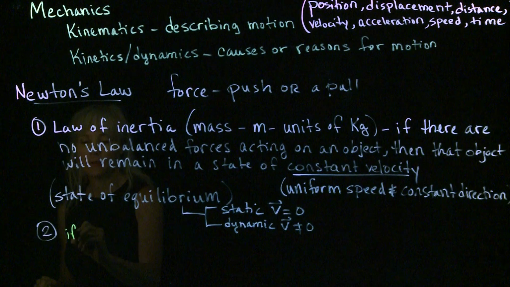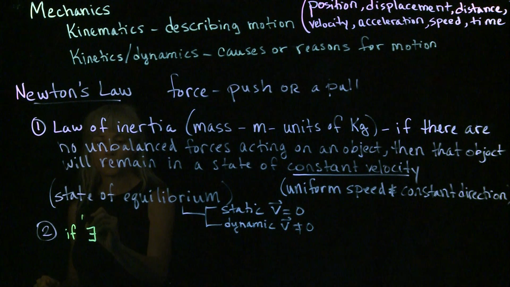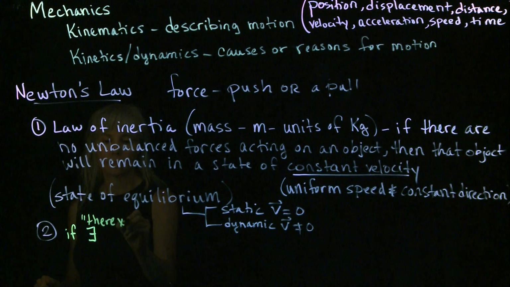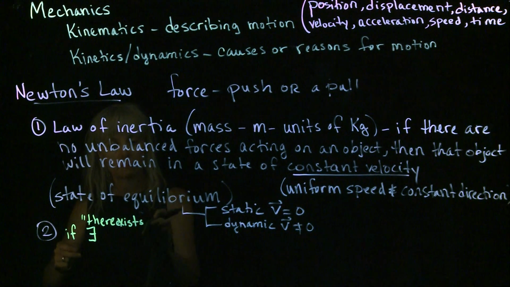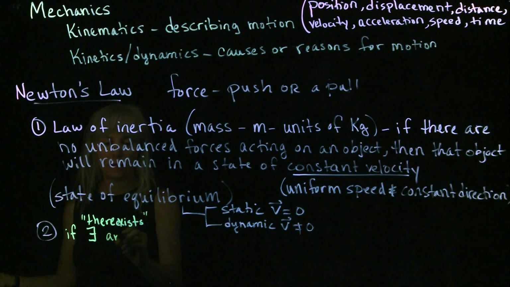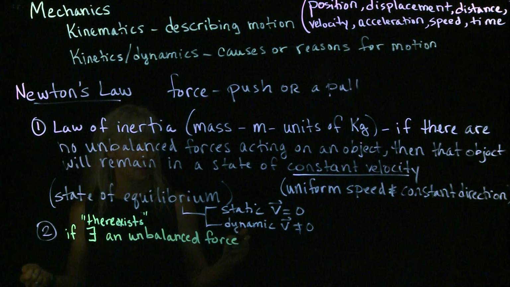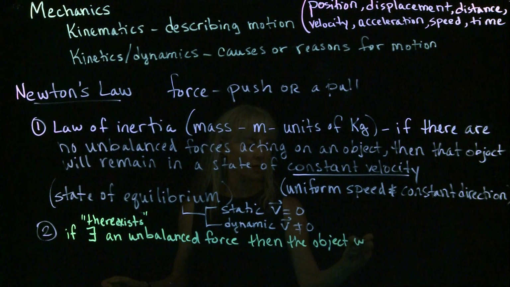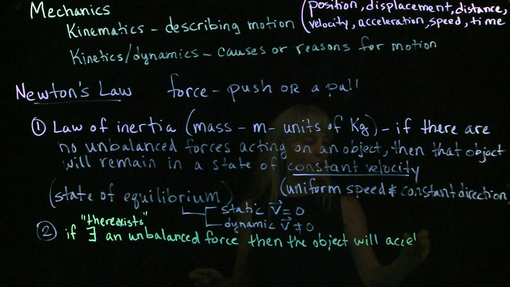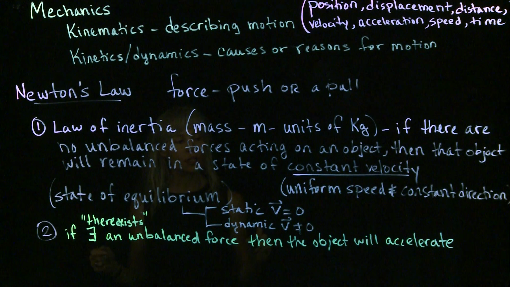So if there exists, this little symbol right here, the backward E, is there exists an unbalanced force, then the object will accelerate.